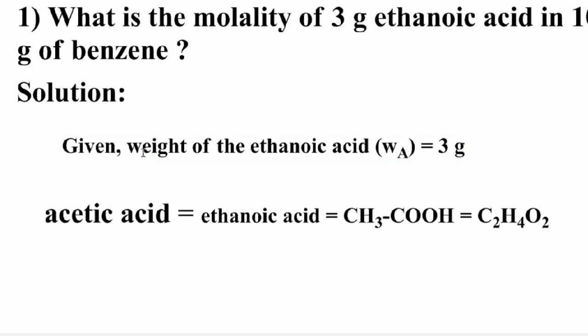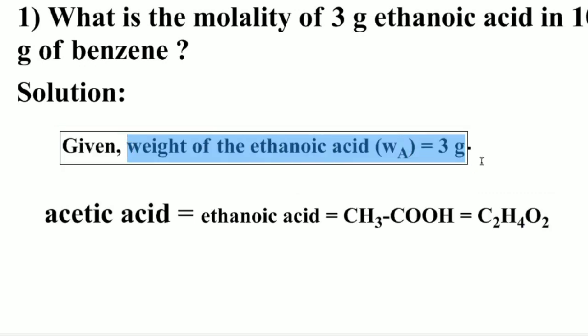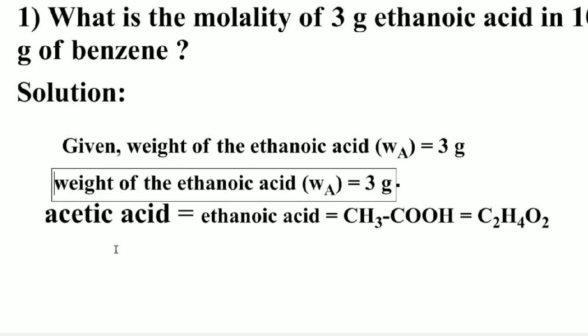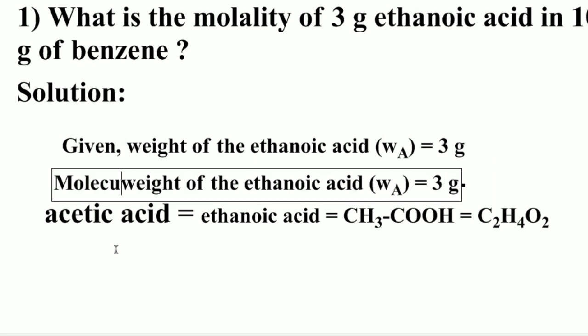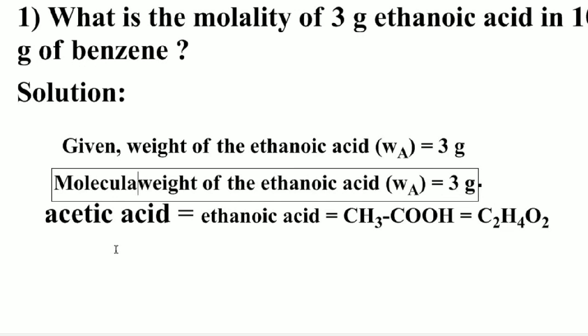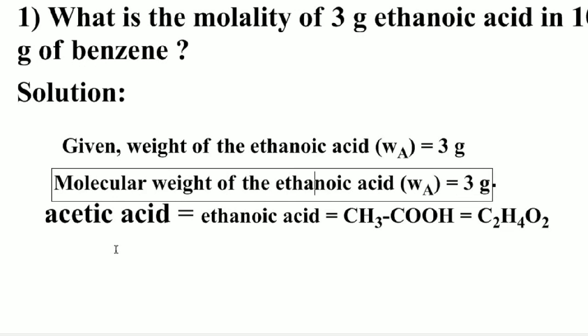Students, therefore we can easily calculate the molecular mass or molecular weight of the ethanoic acid. It is denoted with MA, equal to C2H4O2.